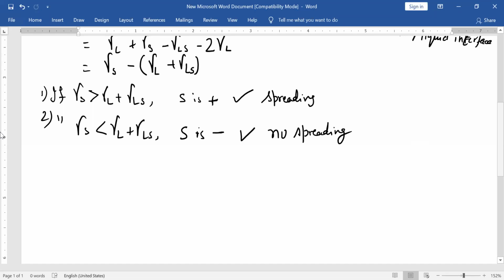So there are few examples of spreading coefficient S at 20 degrees centigrade.